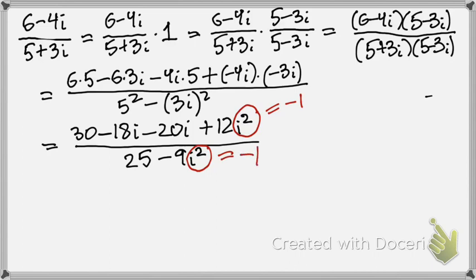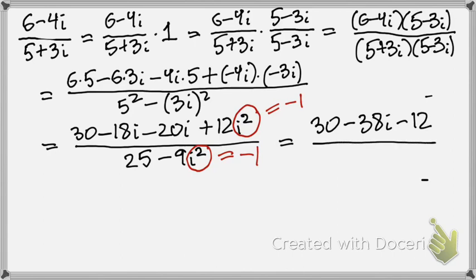This is what allows you to simplify these expressions further. So we have 30 minus 18i minus 20i becomes minus 38i, and then the square of i is negative 1, so plus 12 times negative 1 becomes minus 12. At the bottom we have 25 minus 9 multiplied by negative 1 becomes plus 9.